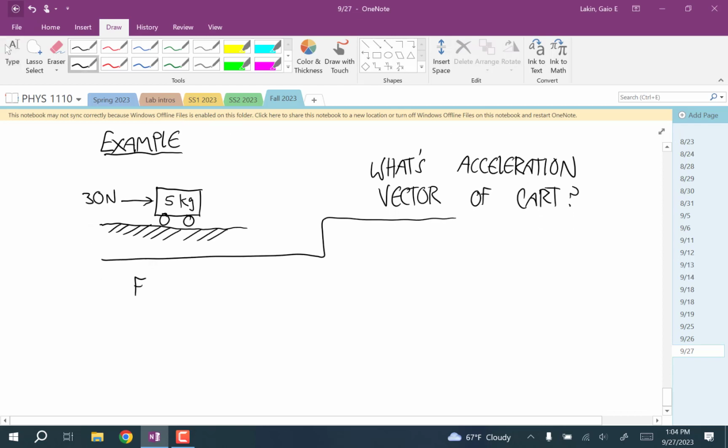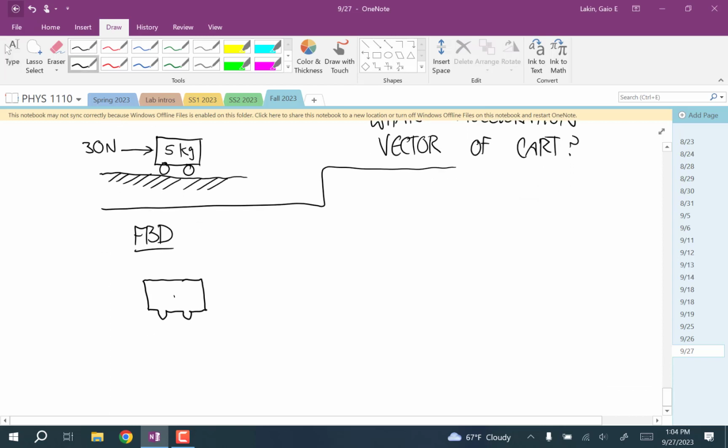Well, I'm going to start by drawing a free body diagram. So there's the outline. The weight is down from the center. It's 5 times 9.81, so 49.05. And now mentally go around the boundary looking for contact.